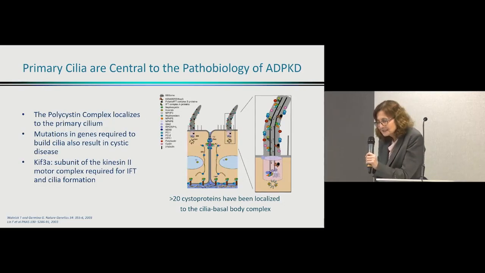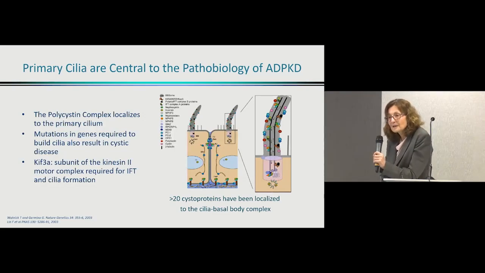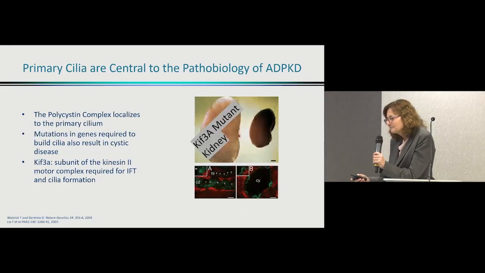KIF3A is a subunit of the kinesin 2 motor complex that's required for cilia formation. This is just taking one example to show you. If you mutate that gene, this is the KIF3A mutant kidney, you lose cilia, so you get cysts. If you don't have cilia, you wind up with cysts.